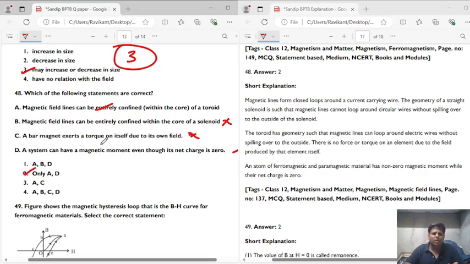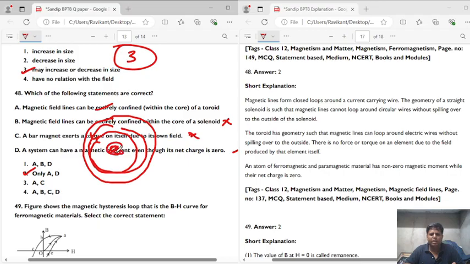See, a toroid is a loop, right? It is like this, and the magnetic fields are within it, inside. There is no magnetic field outside. There is no magnetic field here for a toroid.